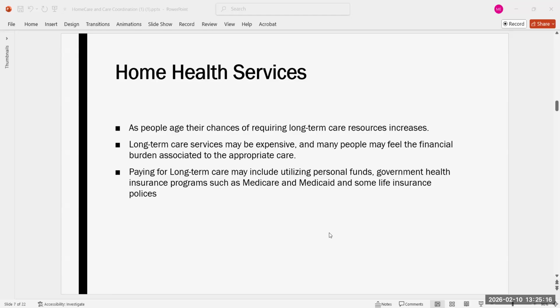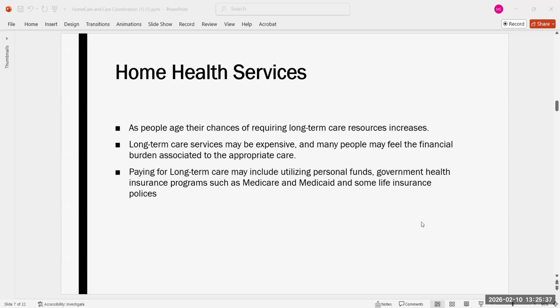As people age, the requirements or resources that they're going to need for their care become more long-term, and it increases. This care can be expensive, and many may start to feel the financial burden that's associated with ensuring appropriate care for their loved ones.